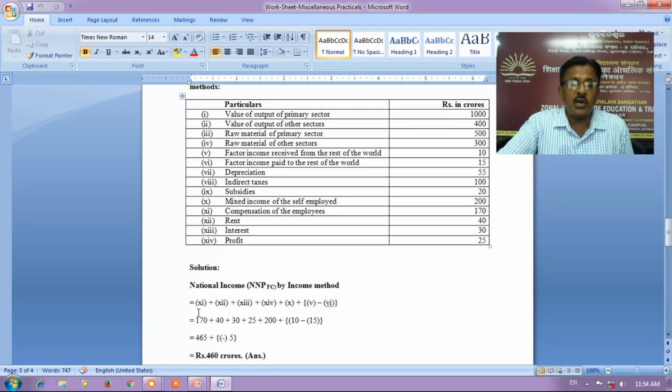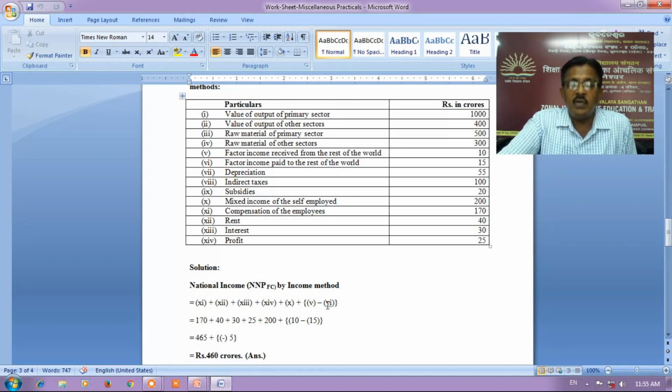So these items, up to item number 10, are related to the income method. If you add these, that is compensation of employees, mixed income of the self-employed, and operating surplus concepts like rent, interest and profit, we get NDP at factor cost. Plus this item number 5 and minus 6. 5 is factor income received from the rest of the world, and item number 6 is factor income paid to the rest of the world.